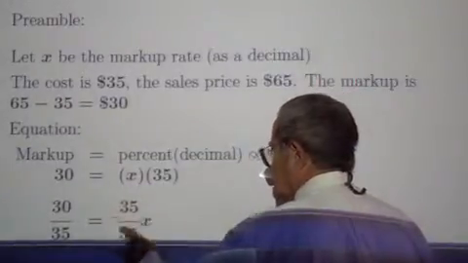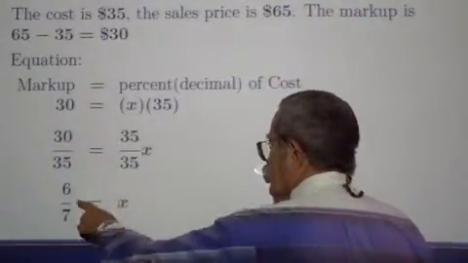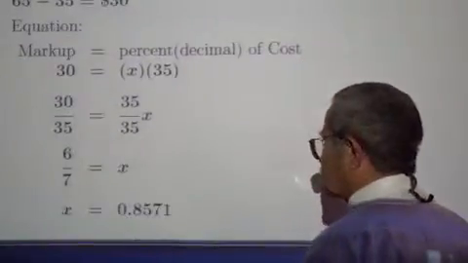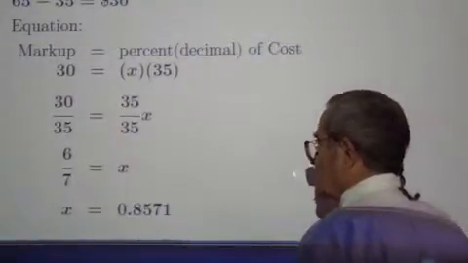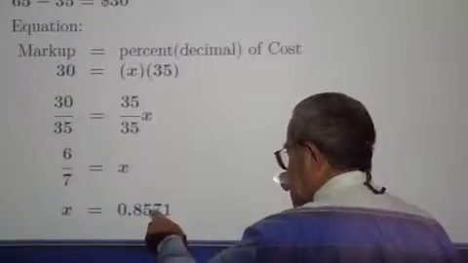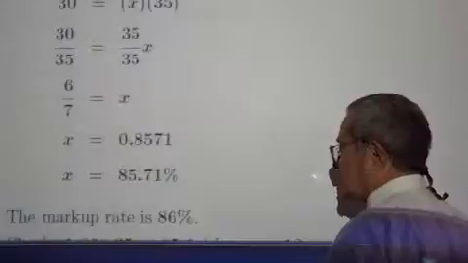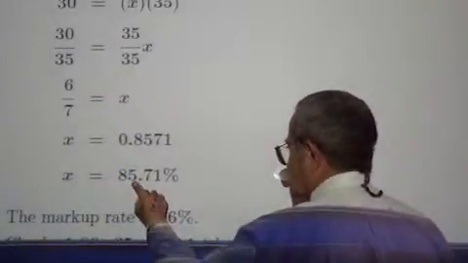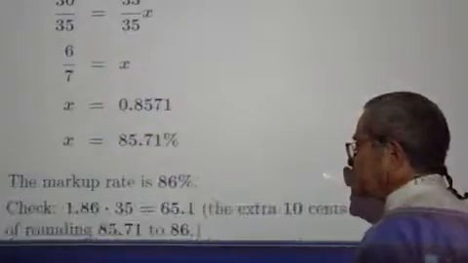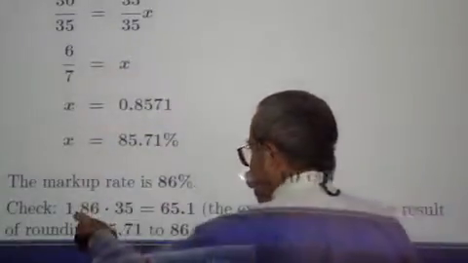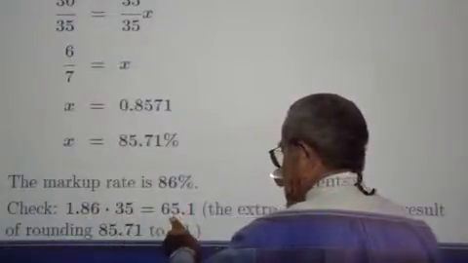And if you divide both sides by 35, you get 6/7, which is X. And you want to convert that to a decimal. Looks like 0.8571. Percent is 85.7%. You want to round it to the nearest percent, so 86%. You want to check it, and yes, 1.86 times the cost is the sales price.